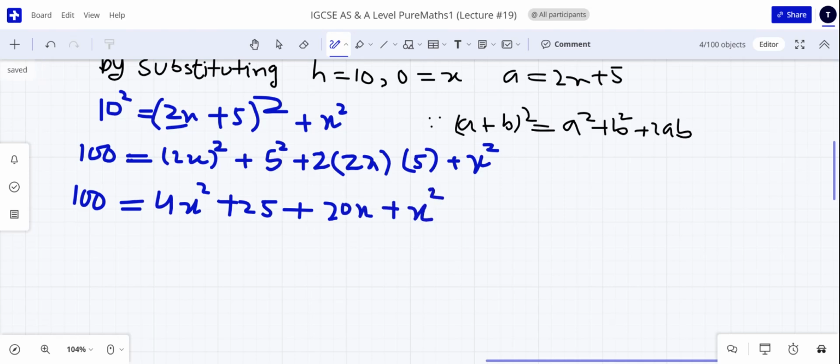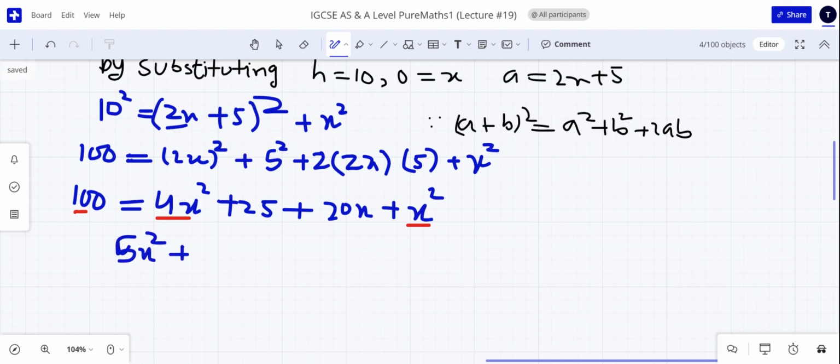Now here we will combine the like terms. These two are like terms, and also the constant terms we will combine. First of all we will shift the 100 to the other side, so it would be negative 100. We get 4x squared plus x squared, which is 5x squared.